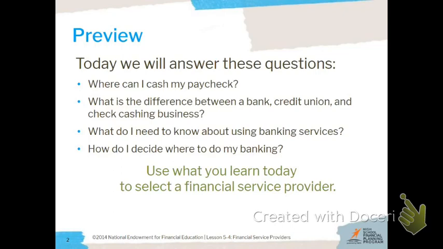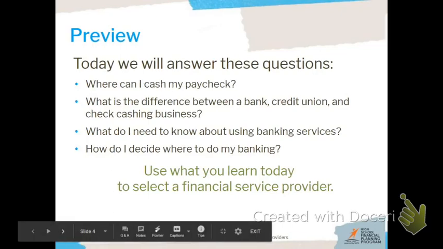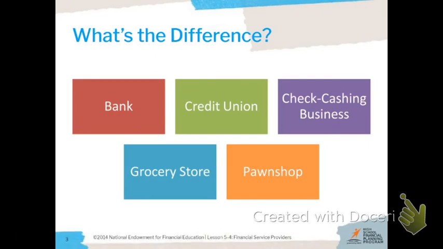So we have different places that will offer some of those services to us. These are all places that may be willing to cash a check for you. And what is the difference between these, and what kind of charges are you going to see from these places, right?